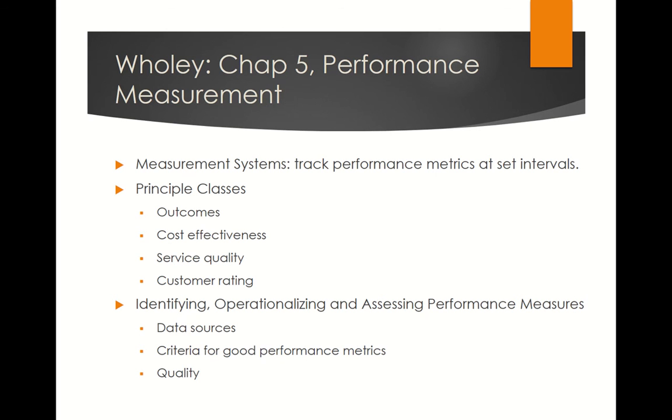So again, trying to make sure that what you're tracking is truly showing that the outcome is producing the intended results. Cost effectiveness, you could look at that in different ways, in relation to an outcome, for instance, the dollars it costs per car seat inspection or the time involved per car seat inspection.